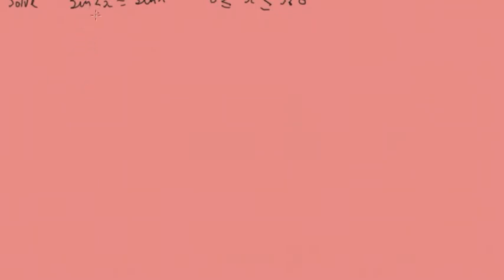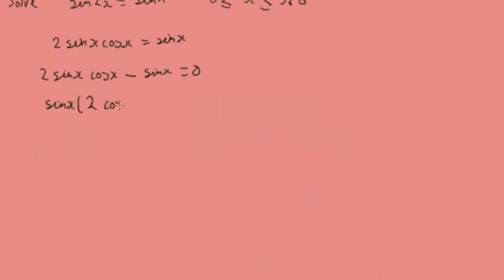We're going to use our double angle formula, so this is 2 sine x cosine x equals sine x, and we'll bring this over to this side, so it's minus sine x equal to 0, and now we just solve the equation. We can take sine x out, and that's going to give us sine x times 2 cosine x minus 1. So either sine x equals 0 or cosine x equals a half.